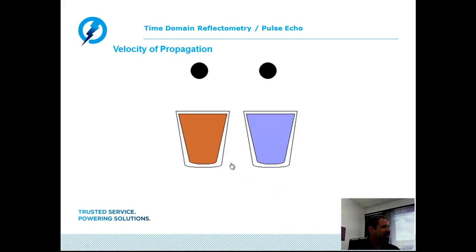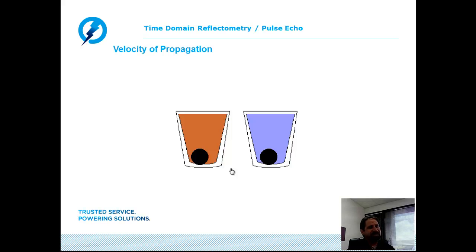A little bit of a Mr. Science experiment that you can visualize: if I took two jars and filled them with two liquids of different viscosities, for instance, one jar with water and one jar with honey, and dropped a ball of equal size and weight into both jars, the ball going through the honey is going to travel at a much slower velocity than the ball traveling through the water.